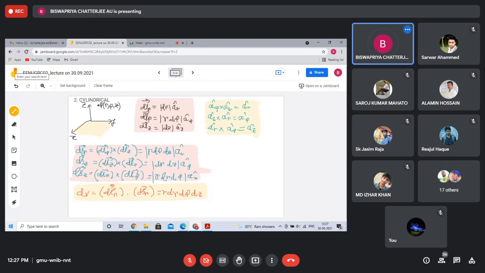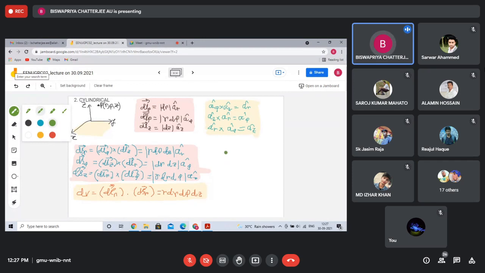You integrate this expression dV, means you need to evaluate the total volume by this expression.